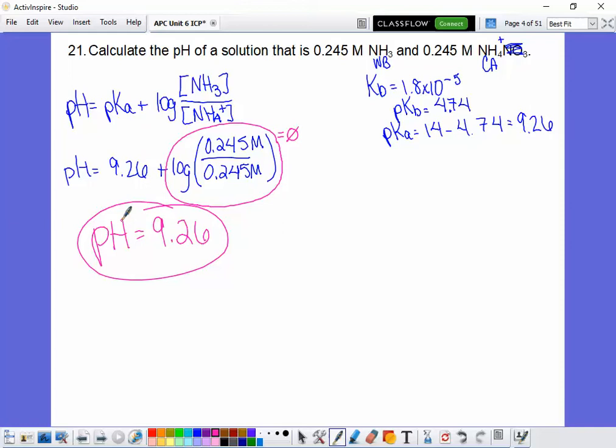Where else have you recently come across pH equaling pKa? In the lab that you just did, not just the post lab, the entire lab, you had pH equaling pKa. That's because in the lab you just did, you measured out your acid, like the solid acid, you dissolved it in water, and then you took exactly half of it and neutralized it with sodium hydroxide.